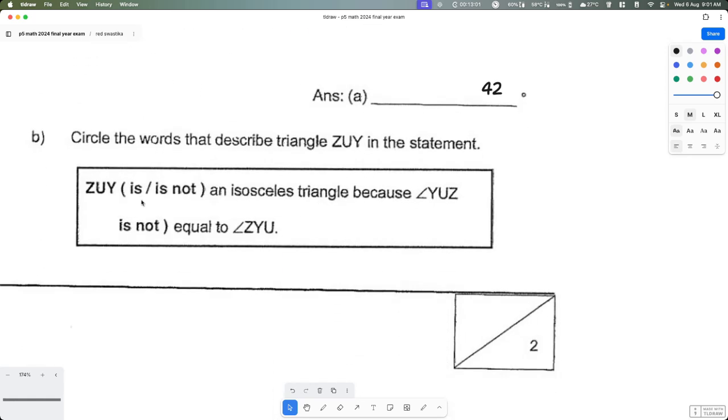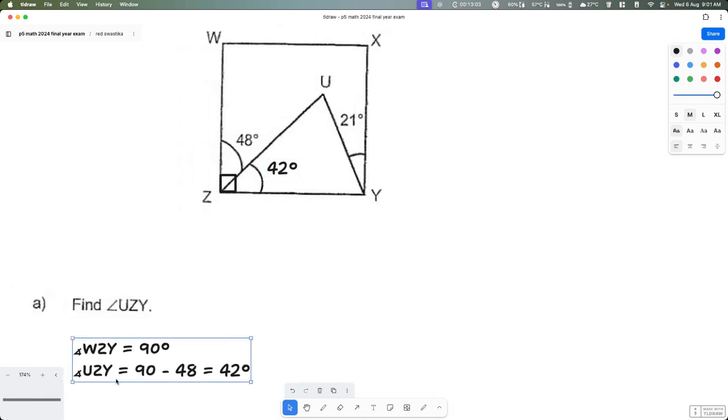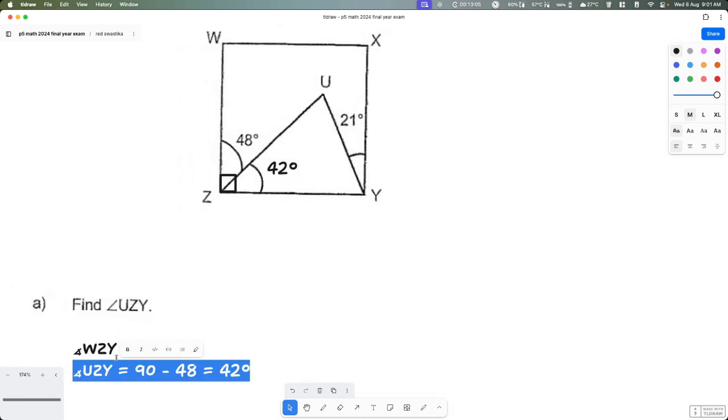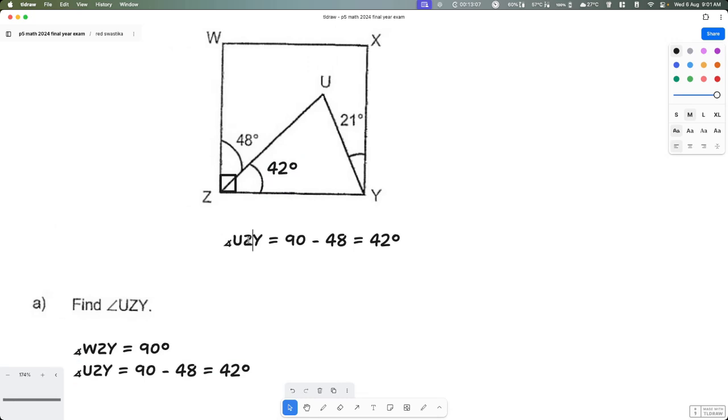Right. So in this case, we calculate ZYU. Angle ZYU is equal to 90 minus 21. Okay.